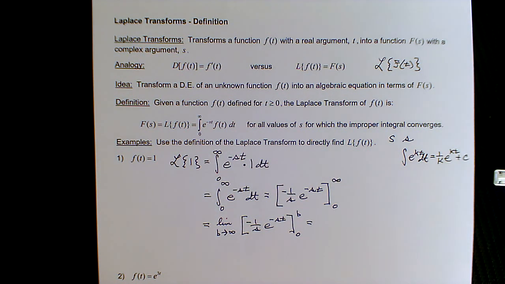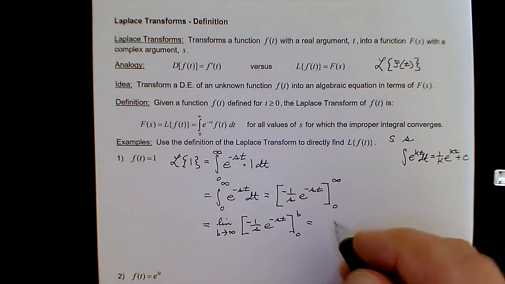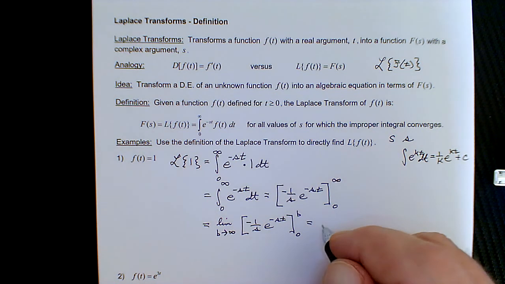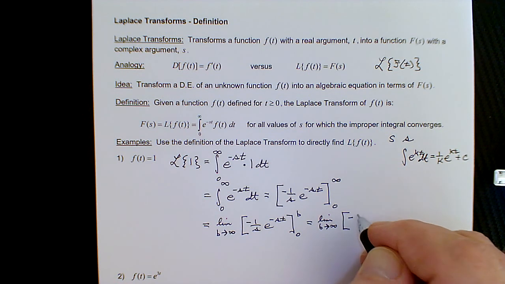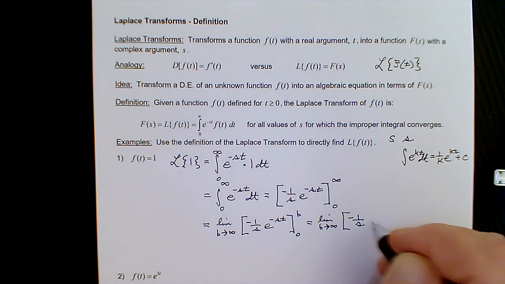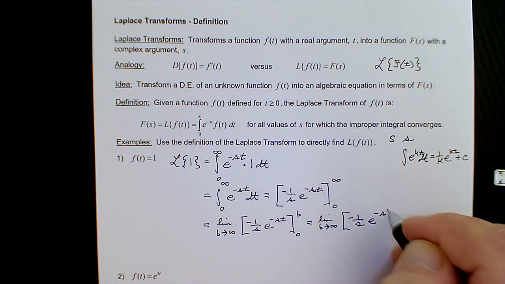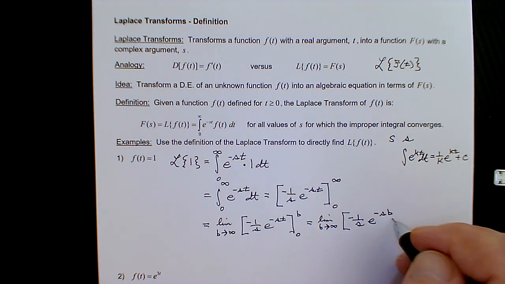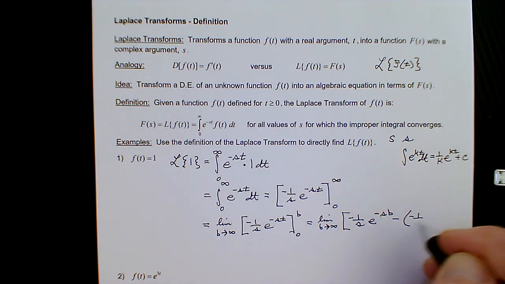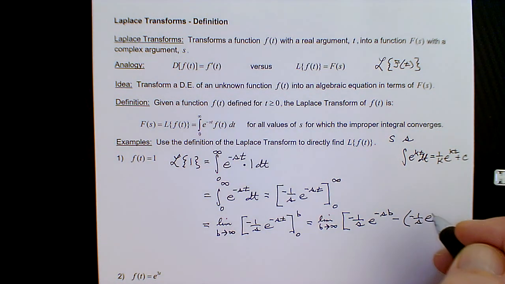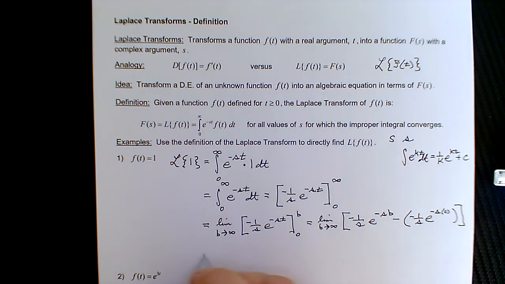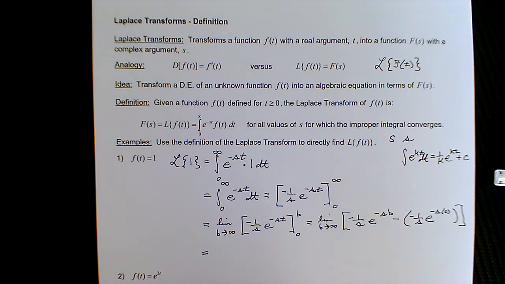And so that would be upper limit goes in, so the limit as b goes to infinity of negative 1 over s e to the negative sb, and then minus lower limit goes in, so minus negative 1 over s e to the negative s times 0, because t is the independent variable that we're integrating with respect to.